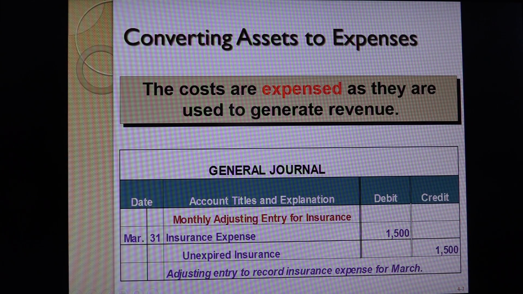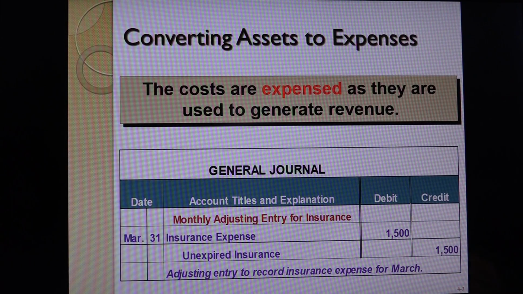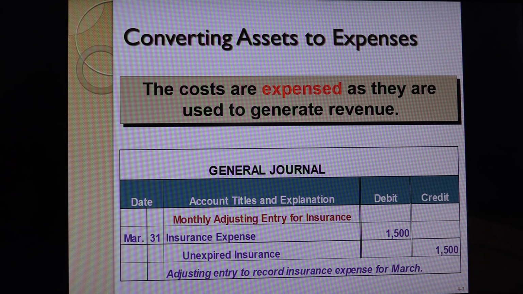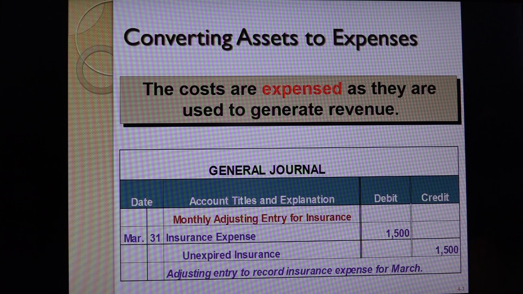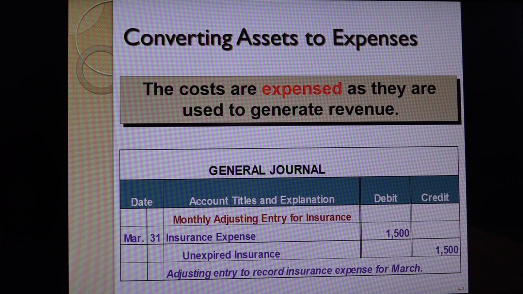So they paid this on March 1st as a prepayment. They book it as an asset. At the end of the month, they've used up 1 month's worth of the $18,000 prepayment. So it's a yearly prepayment. So they've used up 18,000 divided by 12, which is $1,500 for a month's worth of premium.